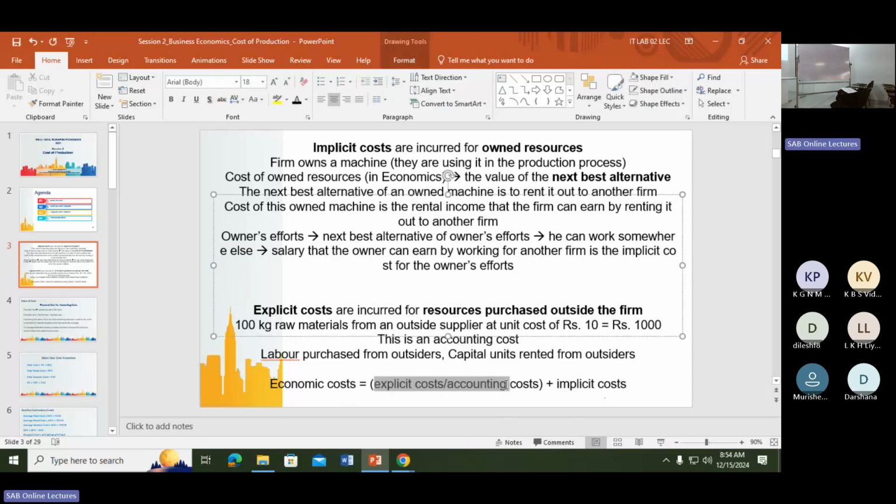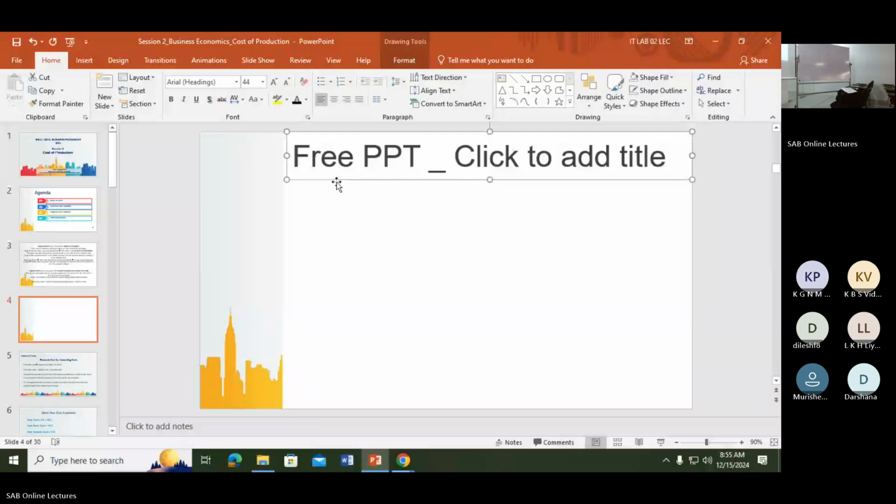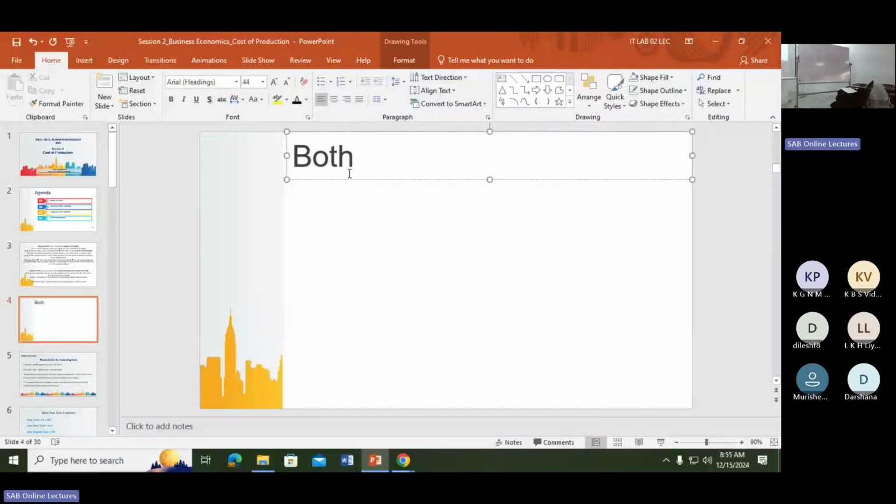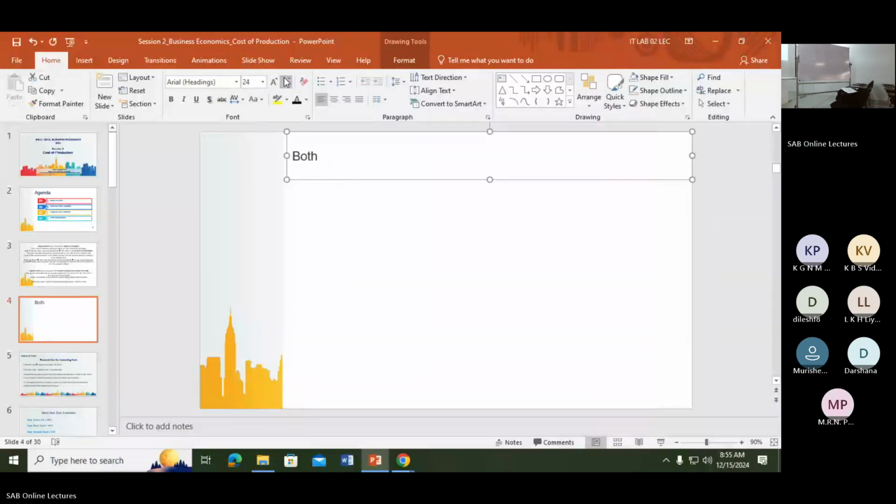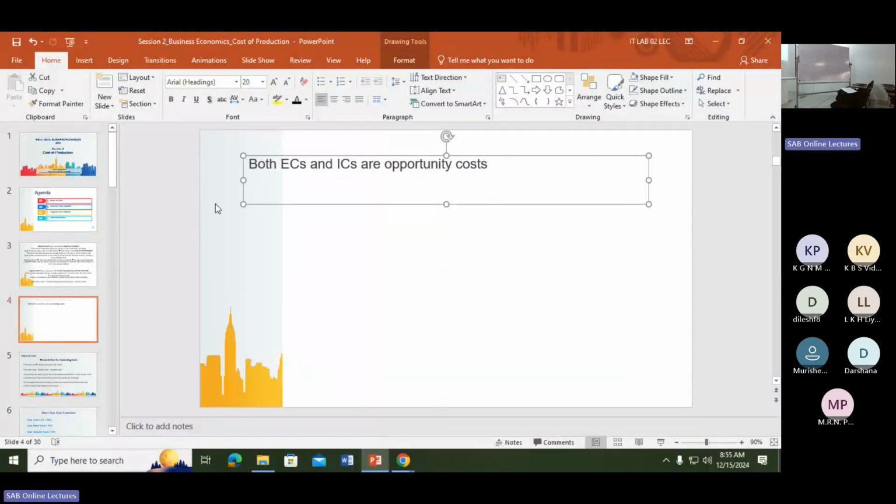So both explicit costs and implicit costs, we consider them as opportunity costs. How does it happen? What is opportunity cost?